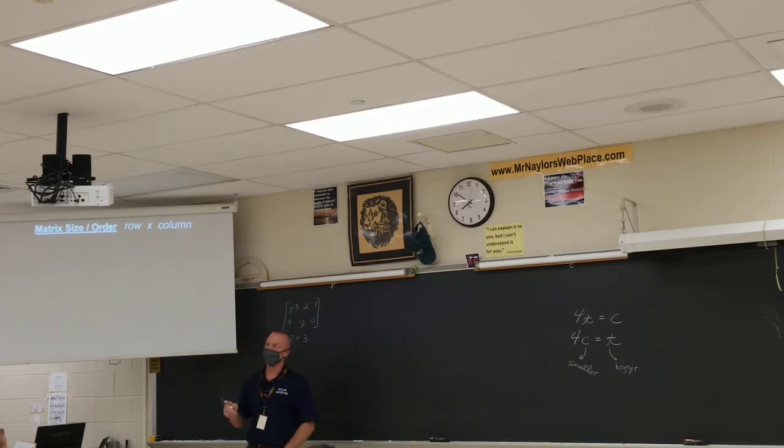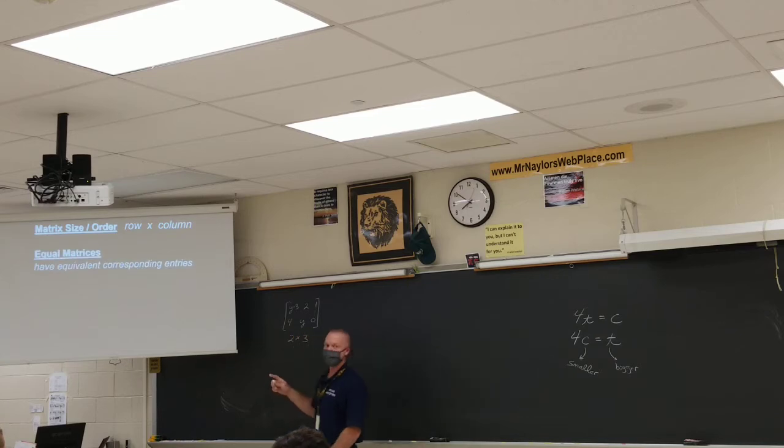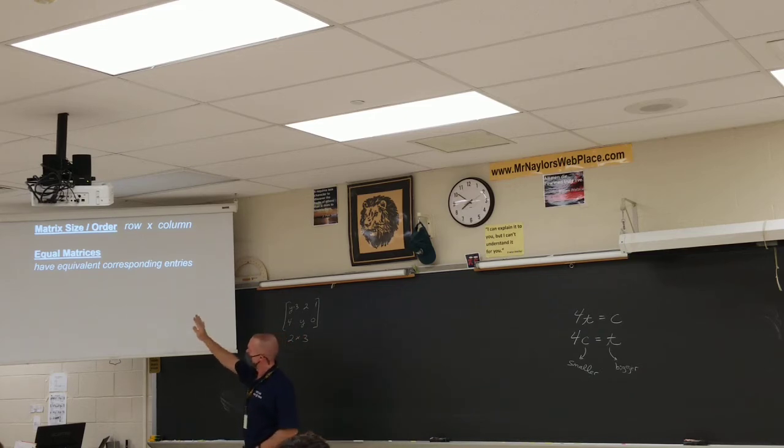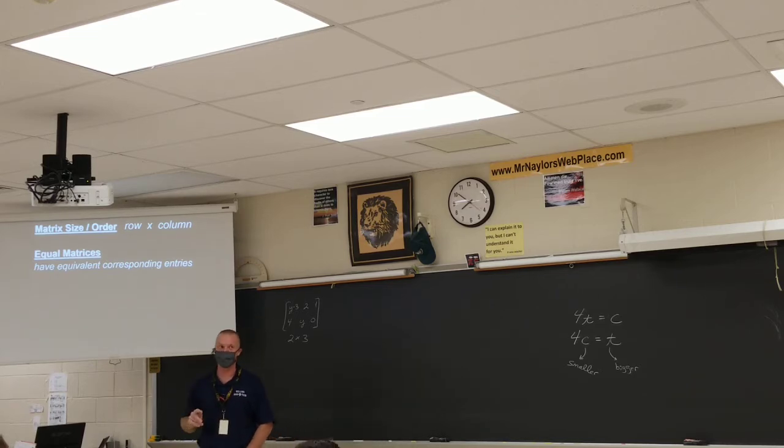Now we kind of got this matrix just hanging out here. Let's do something with it. Let's do a real simple problem that deals with equal matrices. Probably in a matter of 15 seconds, you would say, yeah, that's common sense, but I still want to show it to you. If matrices are equal, then the corresponding entries are equivalent. Corresponding entries.